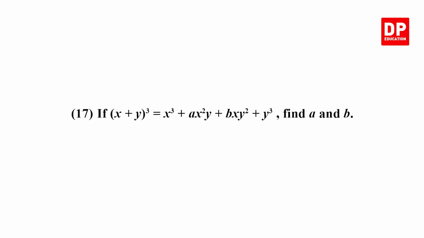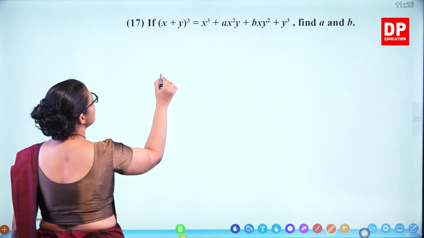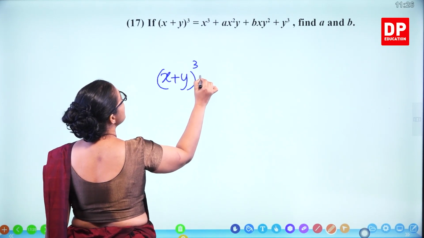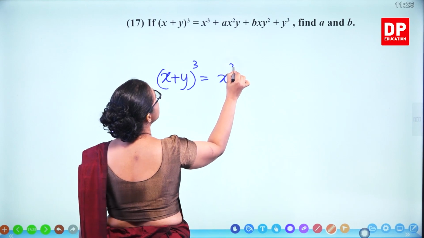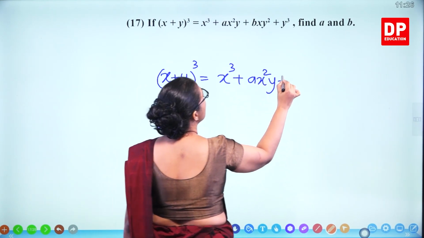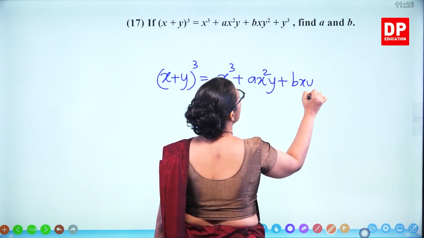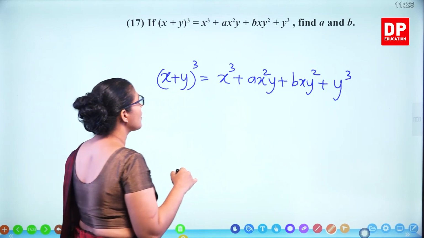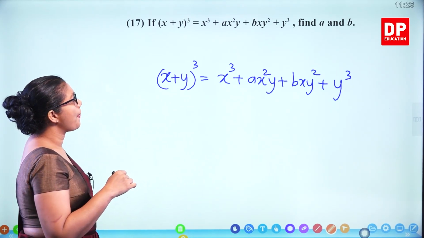Question number 17. You have given x plus y cubed is equal to x cubed plus a x squared y plus b x y squared plus y cubed. What do you know about this?